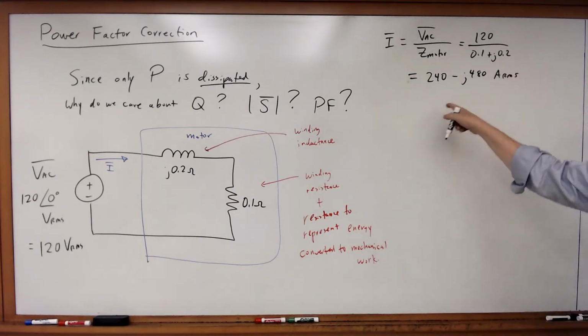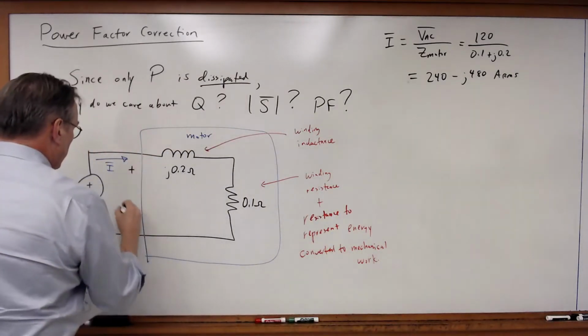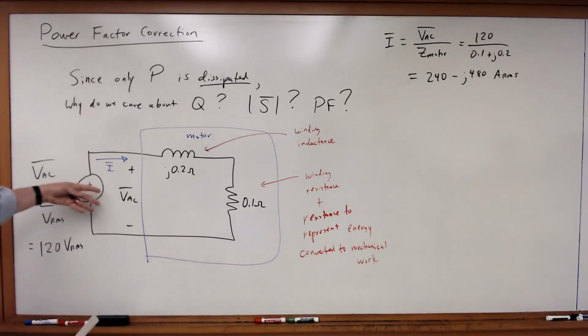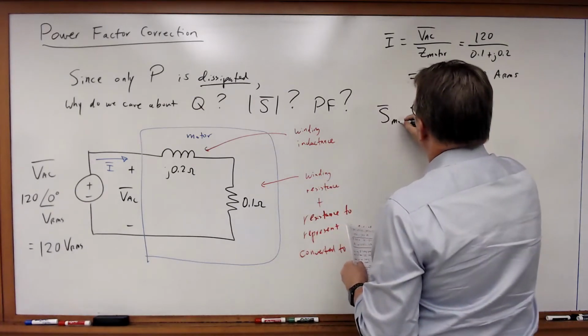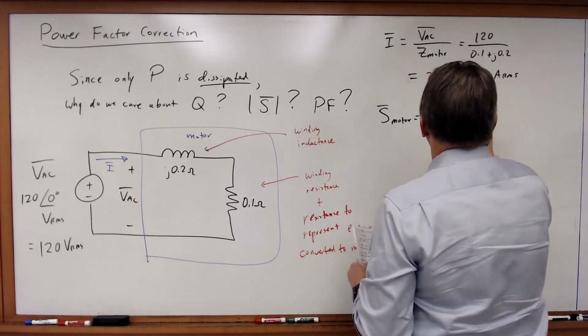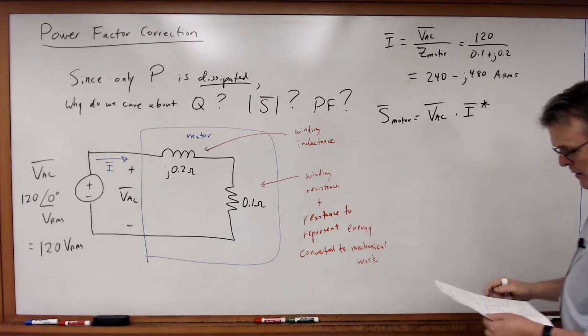And now I can take this. I know that the voltage across the motor is, of course, just equal to V_AC. It's connected directly across the motor. And so therefore, the complex power of the motor is going to be equal to V_AC times I complex conjugate.